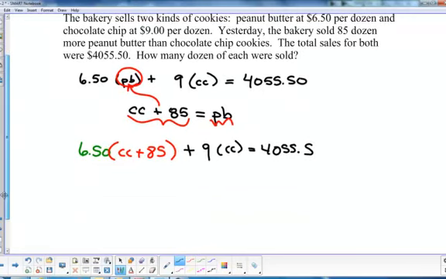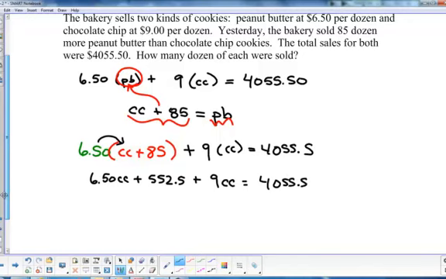Okay, so we have $6.50 times the chocolate chip, plus, you might want to grab a calculator or just follow me. 85 times 6.5 is $552.50, plus 9 chocolate chip, equaling $4,055.50.